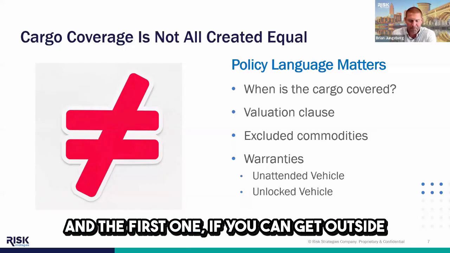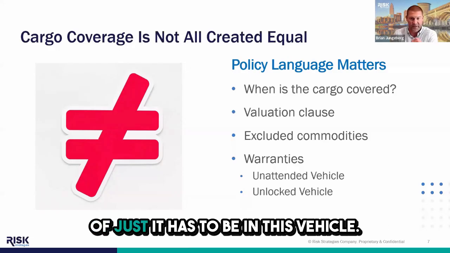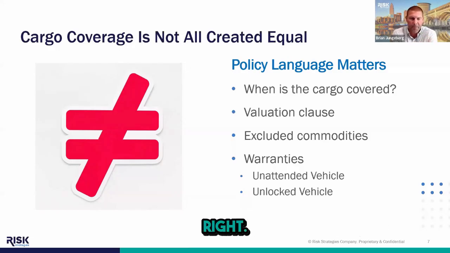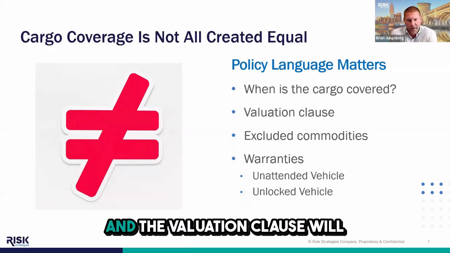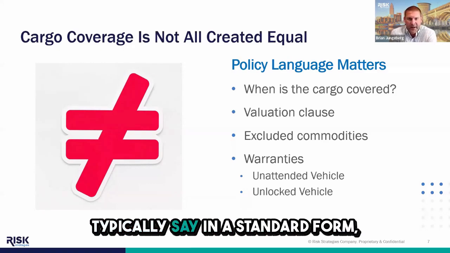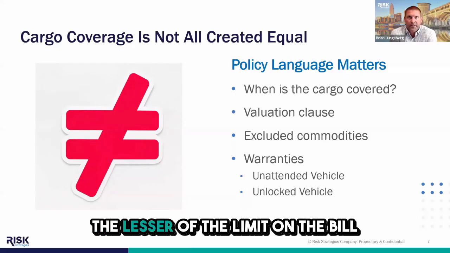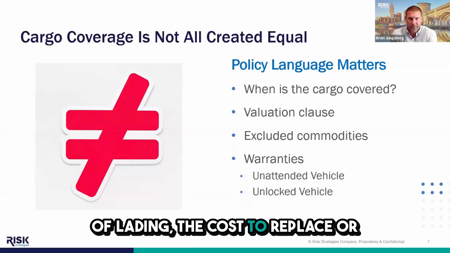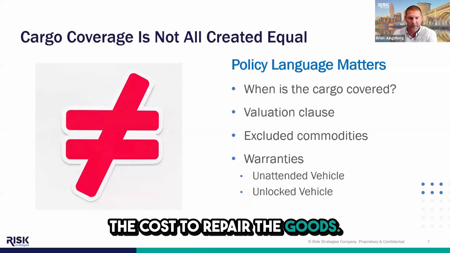And the first one, if you can get outside of just it has to be in this vehicle, right, would be the valuation clause. And the valuation clause will typically say, in a standard form, the lesser of the limit on the bill of lading, the cost to replace, or the cost to repair the goods, right?